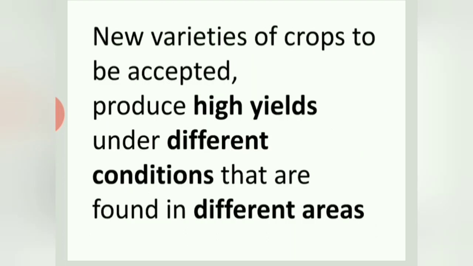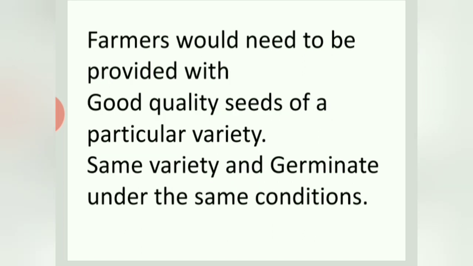Now, how do new varieties of crops get accepted? First, it should give a higher yield. It should give the yield even in the different conditions found in different areas, which means it has to adapt itself to the conditions available in that area.